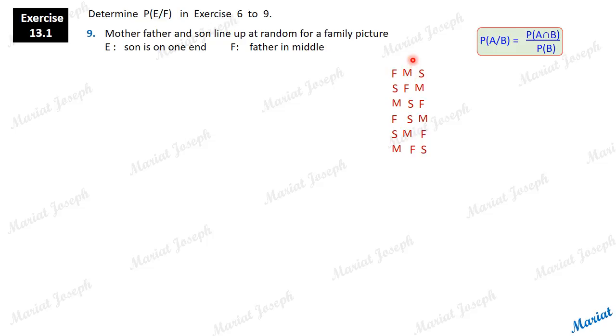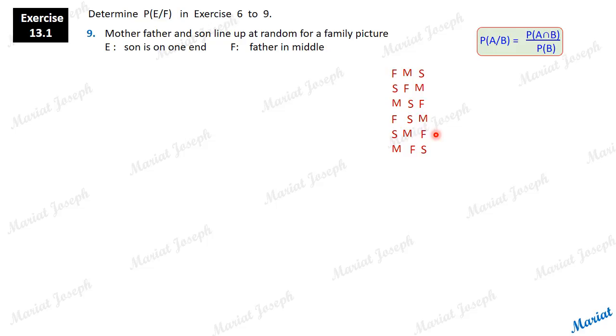The second position, any of the remaining 2 can occupy, that is in 2 ways. The third position has to be occupied by whoever is left, that is done in 1 way. So 3 into 2 into 1, that is why there are 6 different possible ways they can arrange themselves for the photograph.